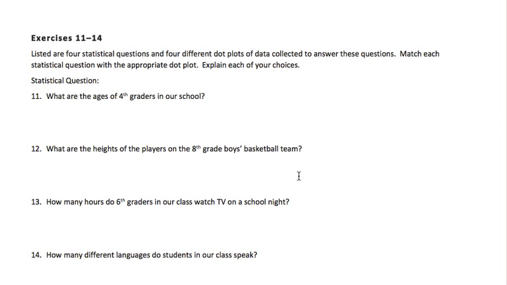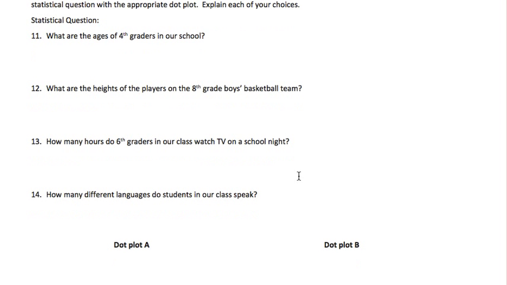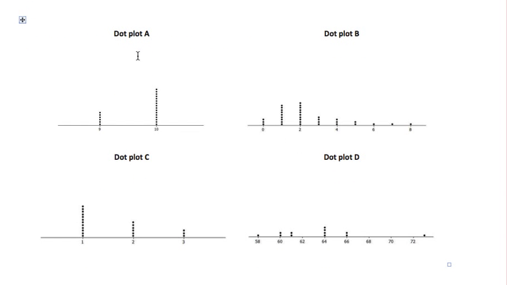Below are 4 statistical questions and 4 different dot plots of data collected to answer these questions. We're going to match the statistical question with the appropriate dot plot and explain why we chose that. The first statistical question, what are the ages of 4th graders in our school? We have dot plot A that has 9 and 10, which seems reasonable. Dot plot B ranges from 0 to 8, with most of the data falling at 1 and 2, and that doesn't seem very reasonable.